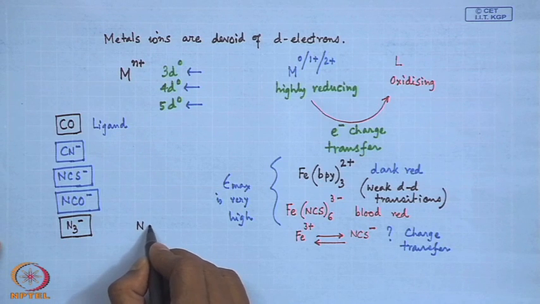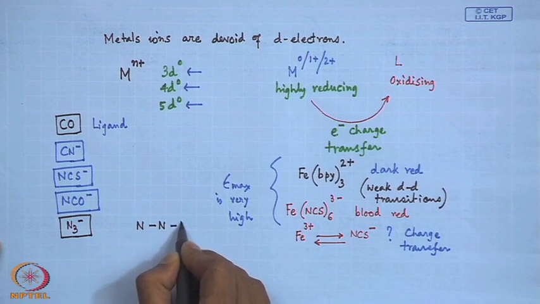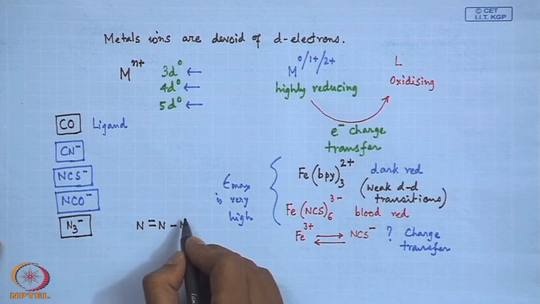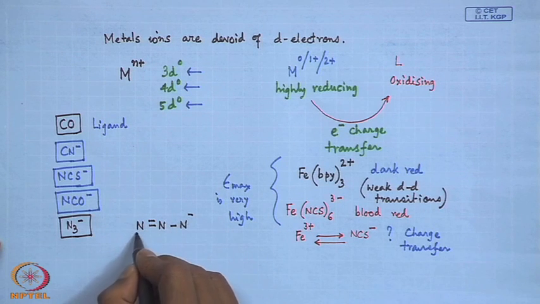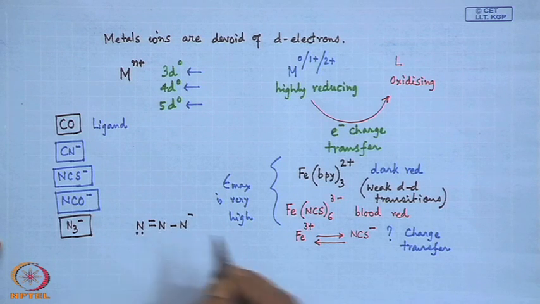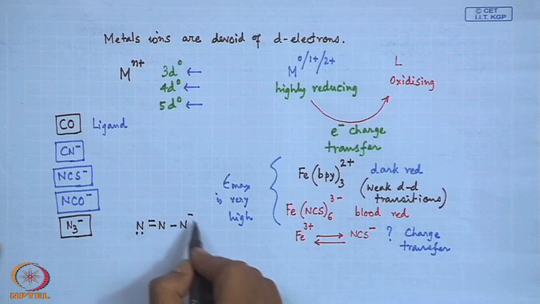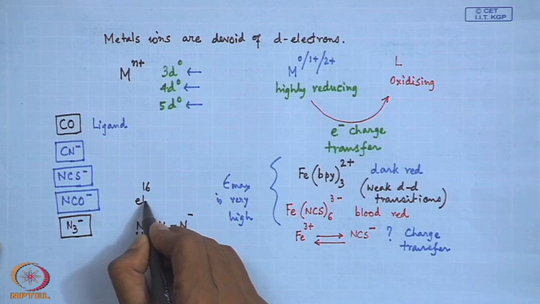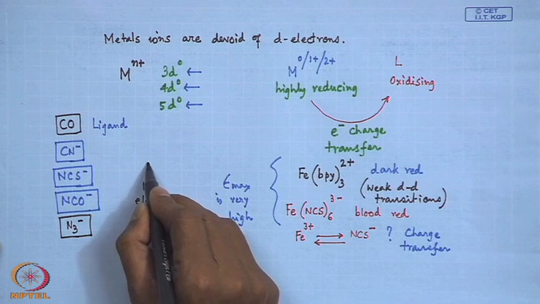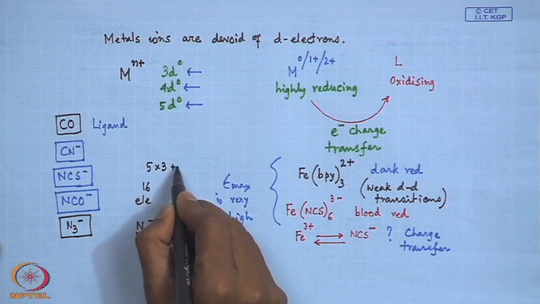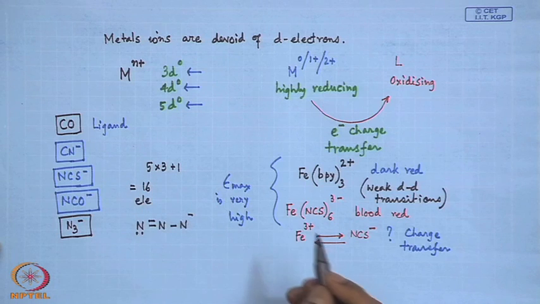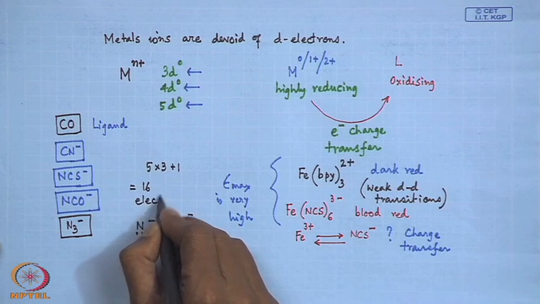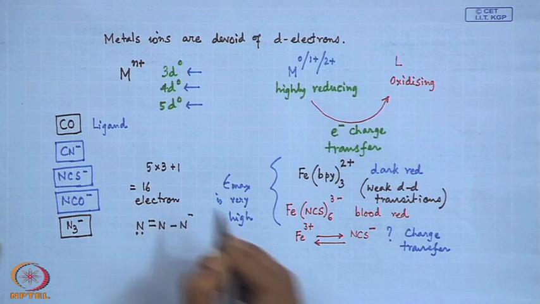So, in the case of the azide ion, we can have the corresponding charge on it and the number of lone pairs of electrons in it, because we have a 16 electron system. It will be 5 for nitrogen, times 3, plus 1 for the charge, so it is a 16 electron system.